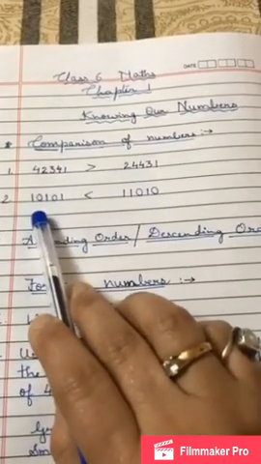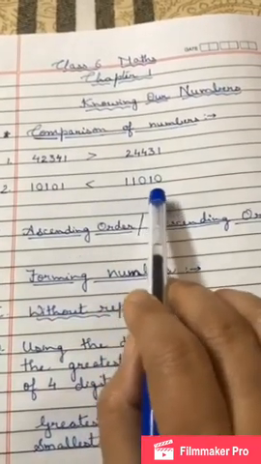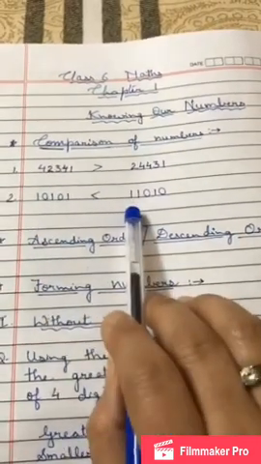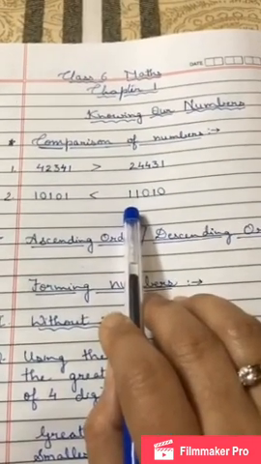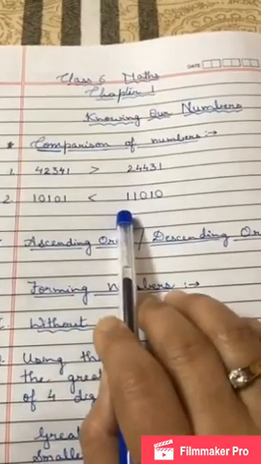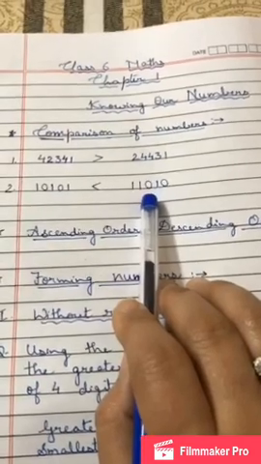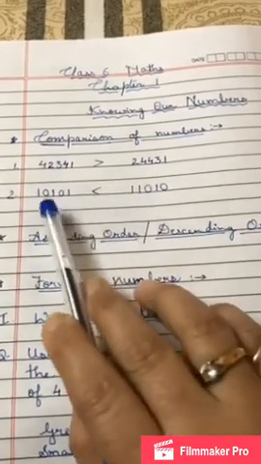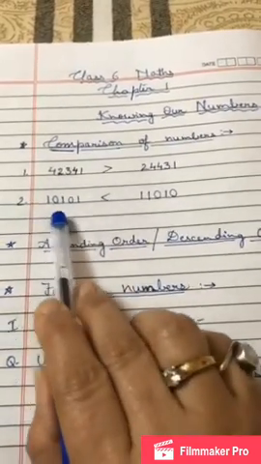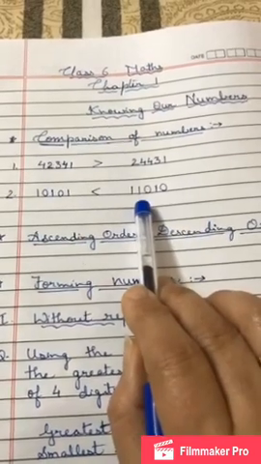Now come to the second example. The first number is 10,101 and the second number is 11,010. In this, both the numbers are having 1 at the first place. So we cannot say which is greater. For this, we will come to the second digit. In the second place, the first number is having 0, whereas the second number has 1.